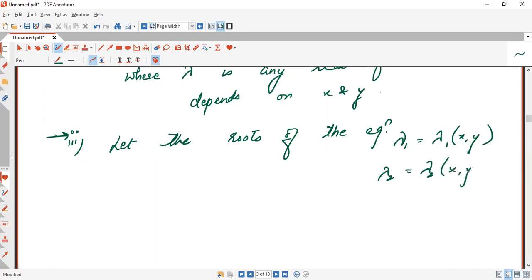All right. Next part, you will consider a differential equation for these lambda 1 and lambda 2, so that when you solve, you will get two functions which will be in terms of x and y basically. So you consider the differential equation.